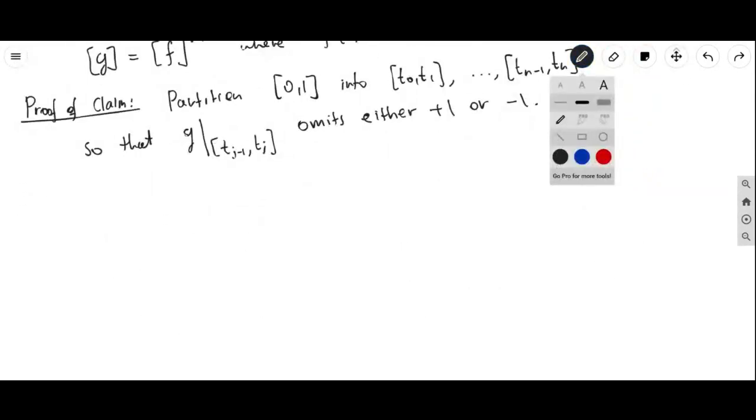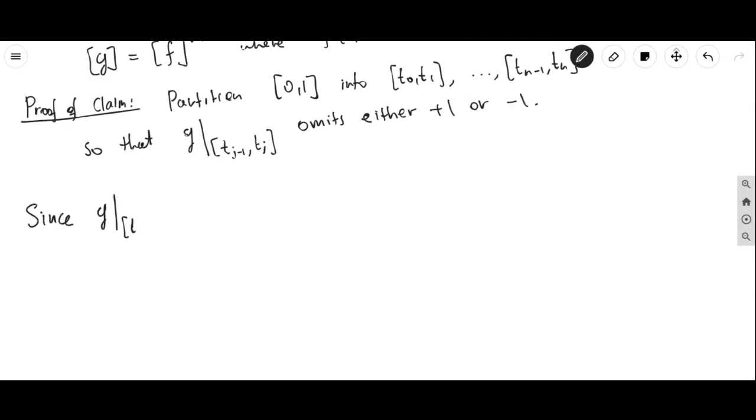Okay, so what do we do next? Now, since G restricted to tj minus 1, tj is a path in the punctured circle.